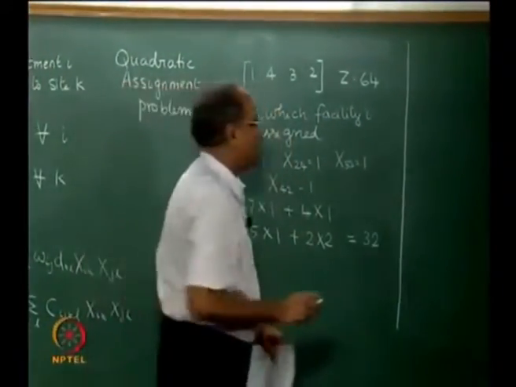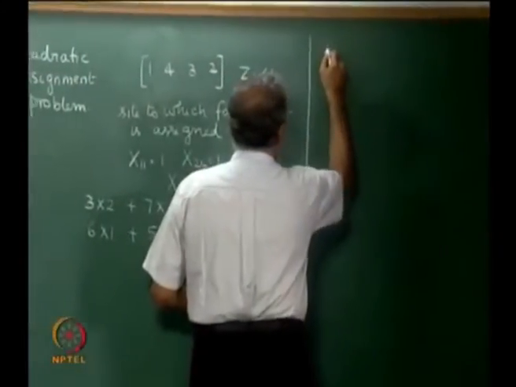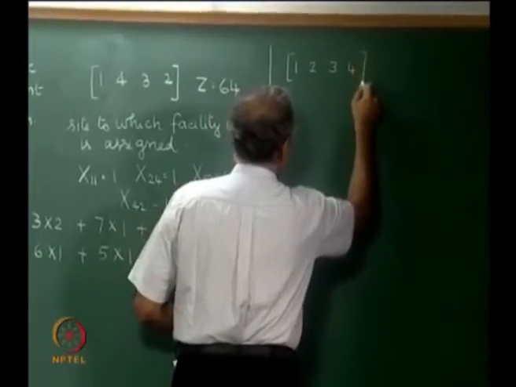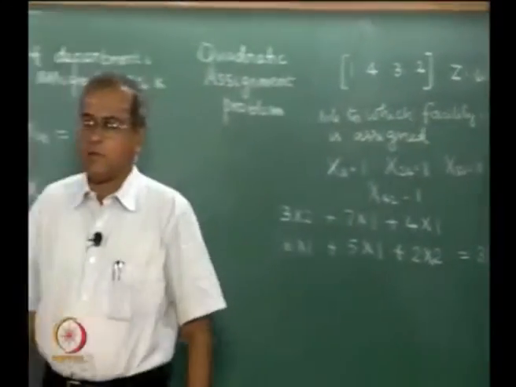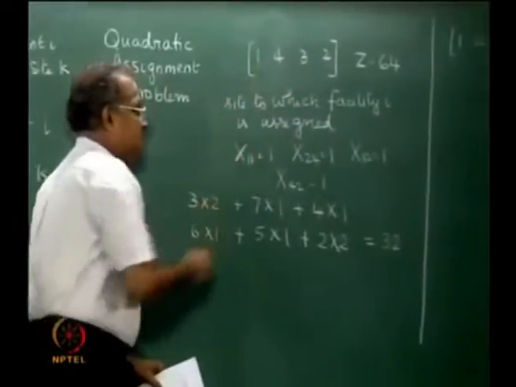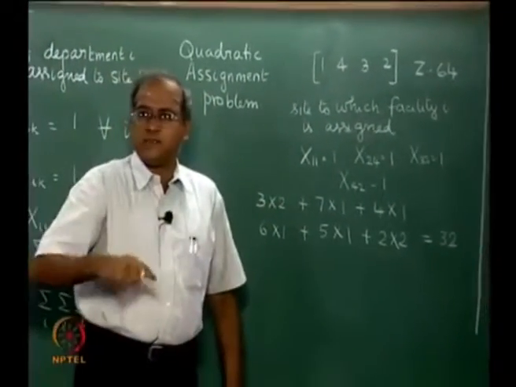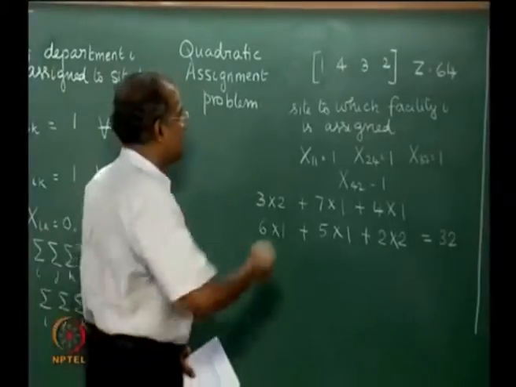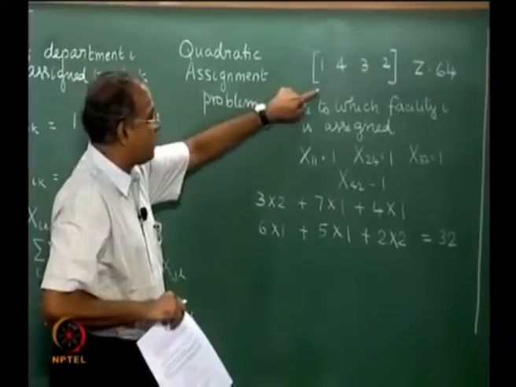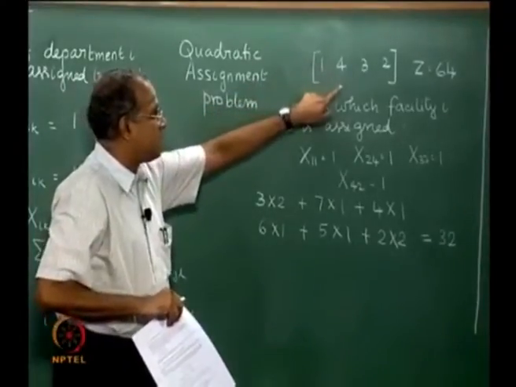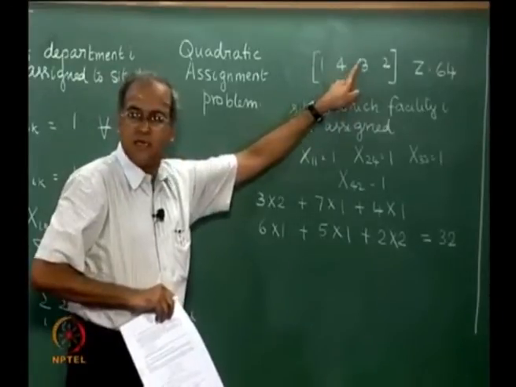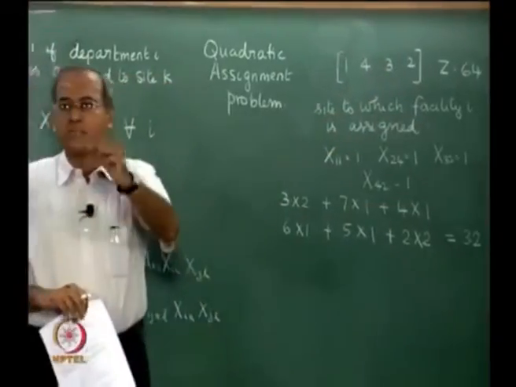Following this notation, we could start with any feasible solution, and the easiest is to do 1, 2, 3, 4. Now, please note this notation once again. It represents the site to which facility i is assigned. So, here facility 1 is assigned to site 1, facility 2 is assigned to site 4, facility 3 is assigned to site 3, facility 4 is assigned to site 2.